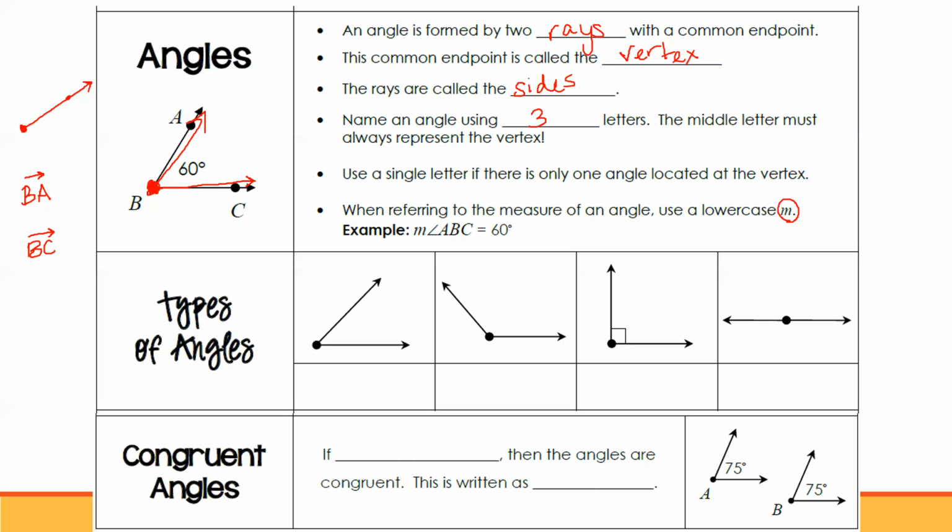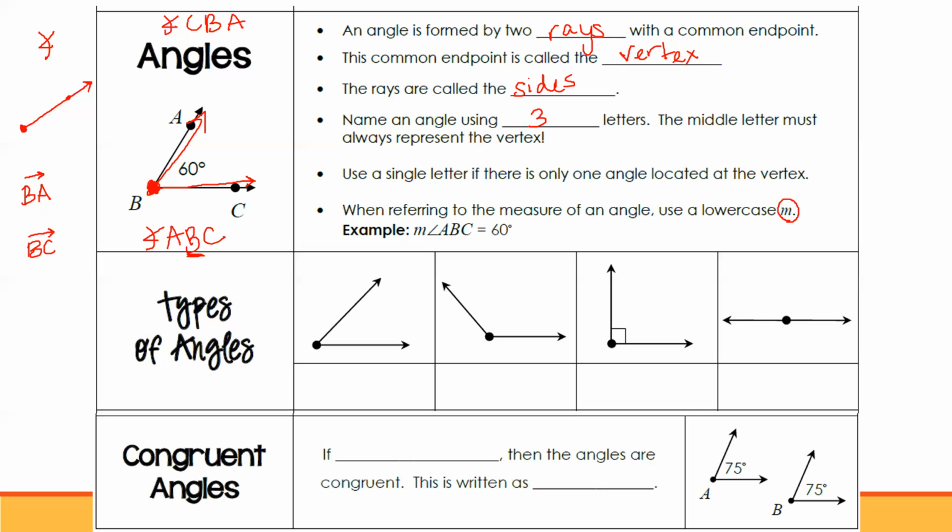I would name this angle, angle ABC. Notice that middle letter is the vertex. I could have also called this angle CBA, and that would have also been correct. You're going to see me, when I handwrite my angle symbols, I like to put this little slash through it, a little arc, like that. Because later in the course, we're going to be talking about less than and greater than.